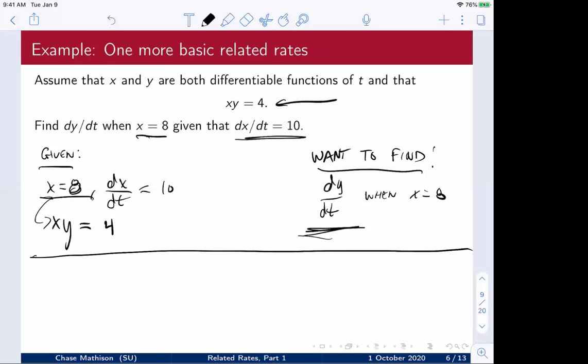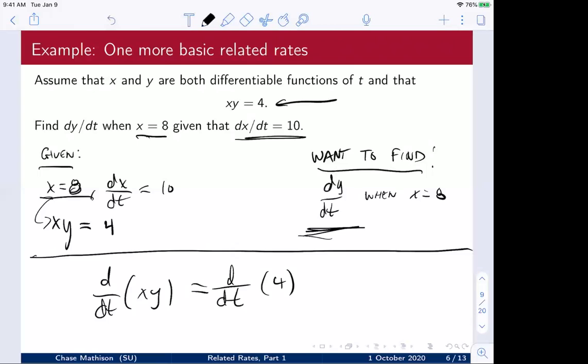Apply d dt to both sides. Yeah, exactly. I need to apply the derivative, d dt, to both sides of the relation. And again, that's always going to be the case for these related rates problems. Once you are given that relation, you're going to differentiate with respect to t.